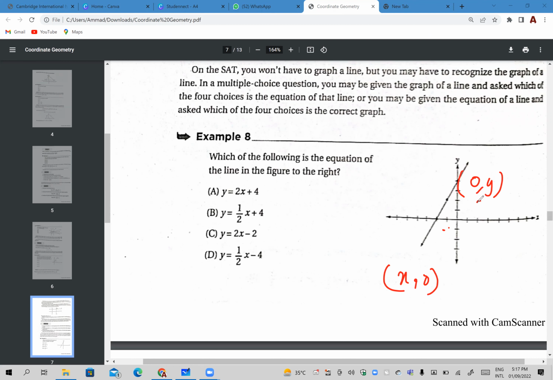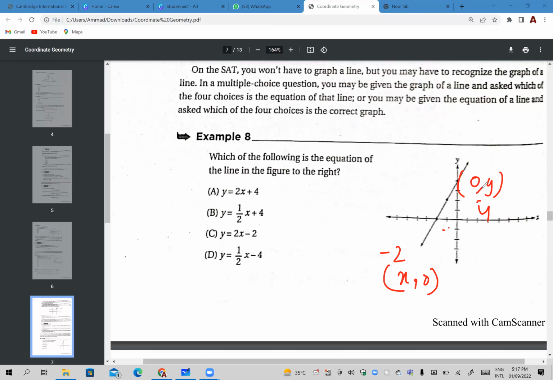Assuming that this is a distribution of 1 unit, x will be -2 and y will be 1 2 3 4. Sorry, x then y, yes, that's right, 0 and 4 and -2 and 0 will be these values only if the division is 1 unit per division.